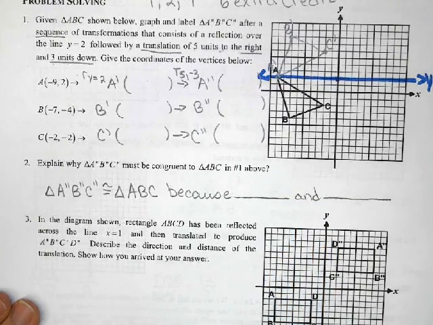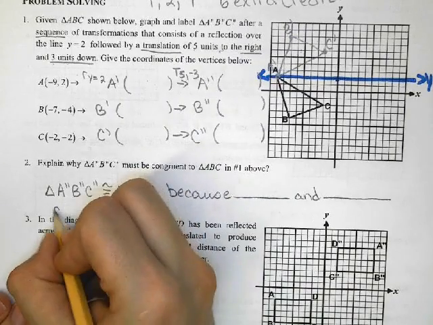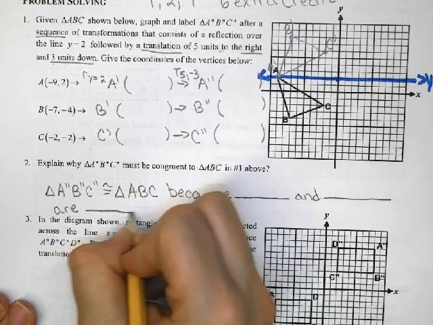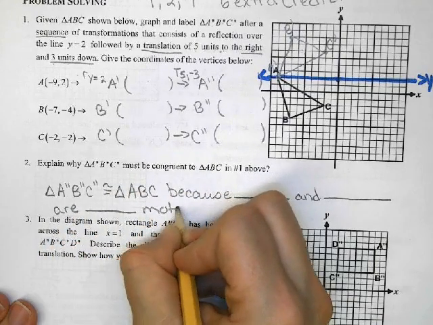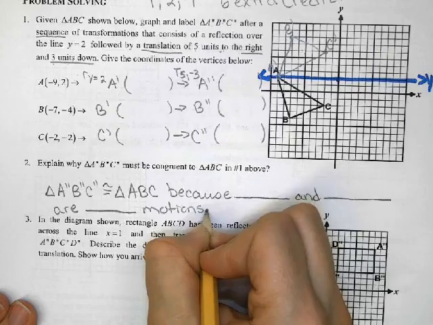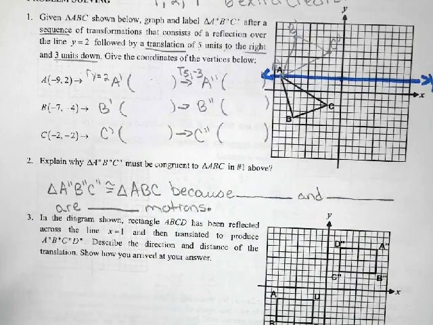Okay, think about the two things that you just did in the problem above, the two transformations, are blank motions. Okay, and that word we just covered in the notes. So if you need to go back and look at your notes, please do so. Okay. All right, that's enough for number 2.